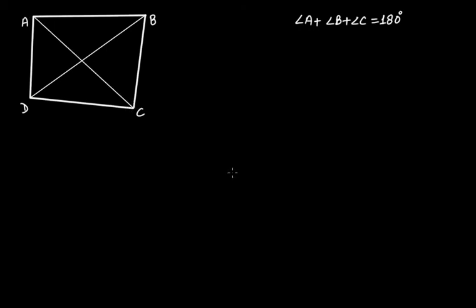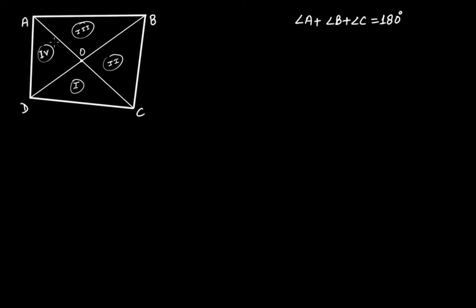Let's name the intersection point O. So this is triangle 1, this is triangle 2, this is triangle 3, and this is triangle 4.